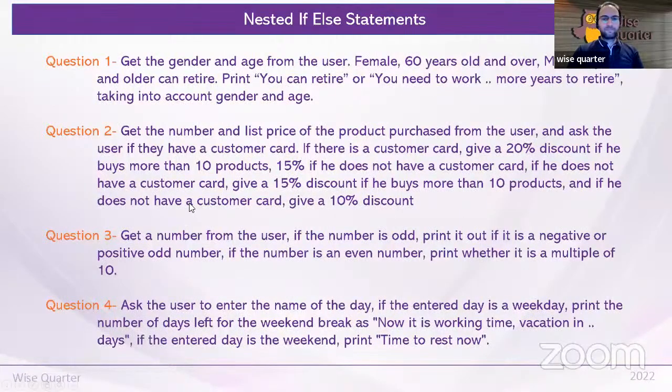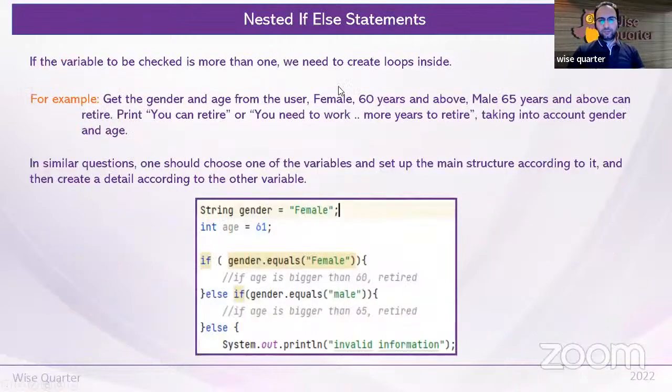Okay, let me try to explain it with something else. You know, in the retirement question, first I will create a system and it will check the gender. After checking the gender, this will create two different ways most of the time. And in each way, my code can go two different ways.